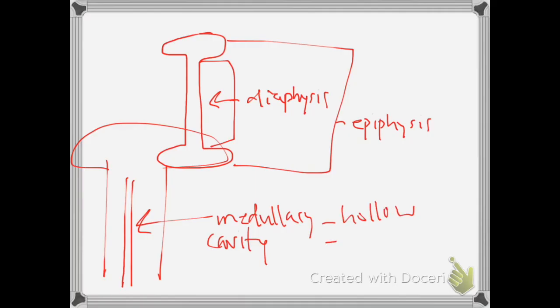It's made up of, let me switch colors, yellow bone marrow, which is adipose tissue. Got this. And then we have this spongy bone, which we'll talk about soon.